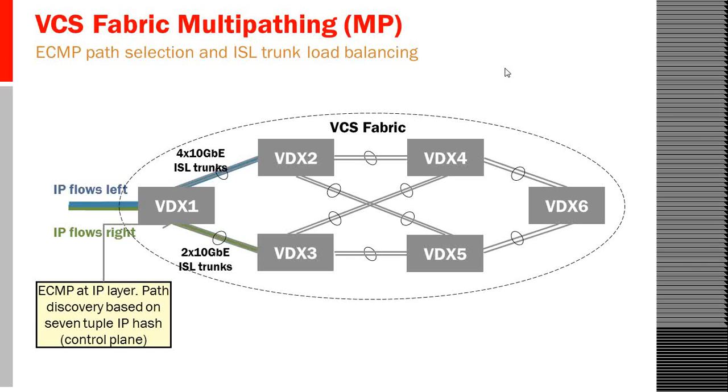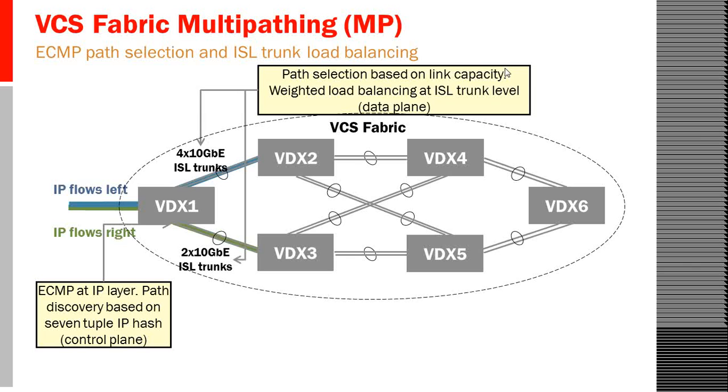The difference here is that because the VDX switches have been constructed from the ground up as a Brocade device, and we've spun our own ASICs, we've used some of the techniques that we were using in the SAN world as well. So we're able to influence the path selection relative to the amount of bandwidth available.